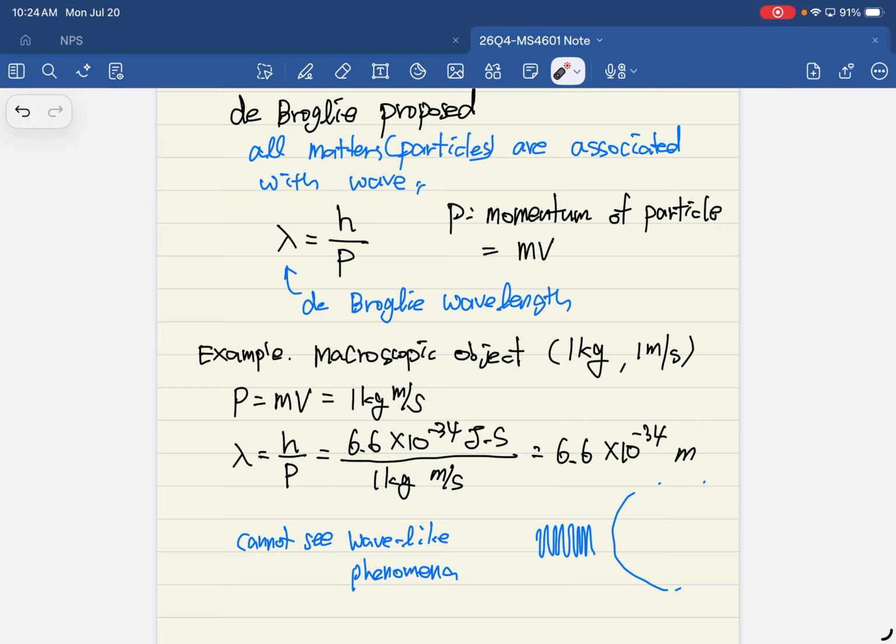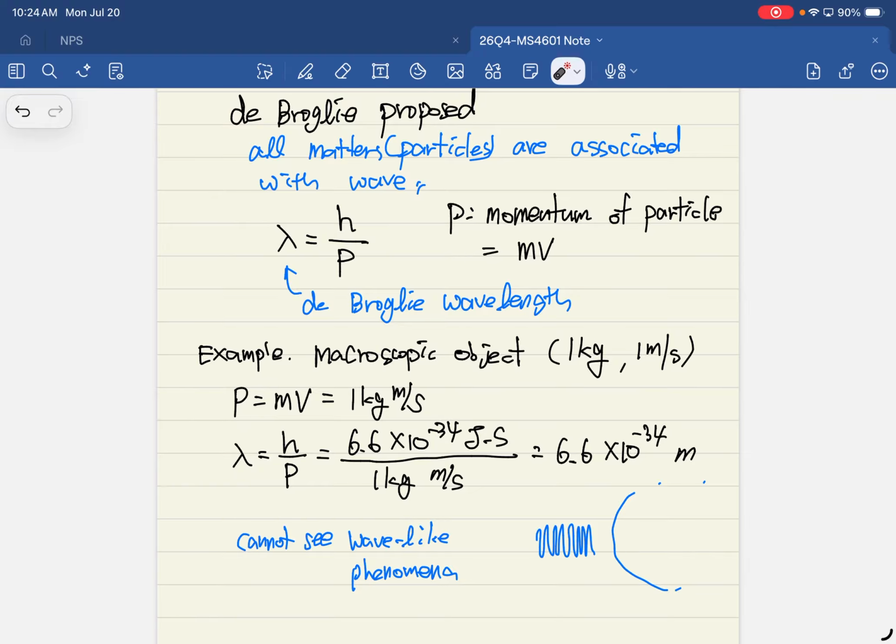What that means is that at bulk scale we don't expect any wave characteristics. That is why, for bulk scale objects, we still deal with Newton's law, just particle concepts. Does that make sense?